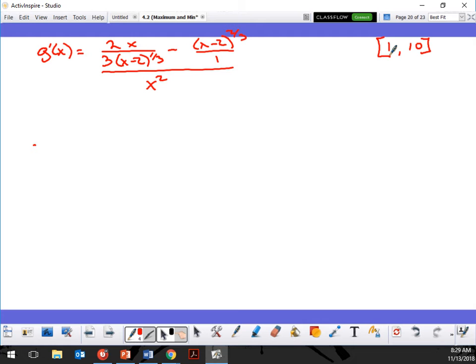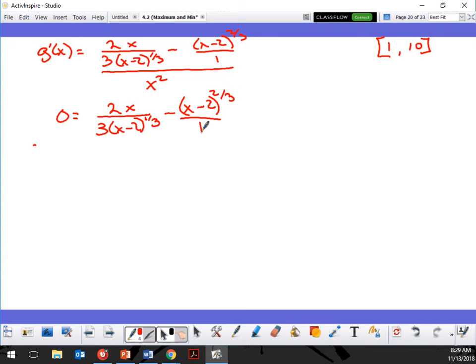So now, set it equal to 0. Again, I cannot have 0 here, right? Okay, so that's fine. That's going to take care of that. So it's going to be 0 equals 2x over 3 (x minus 2) to the 1/3 minus (x minus 2) to the 2/3 over 1, right?